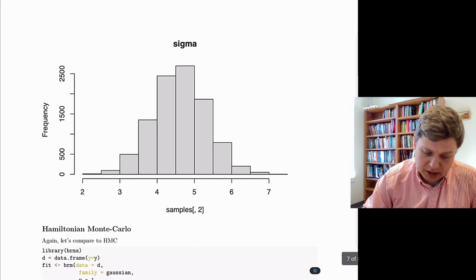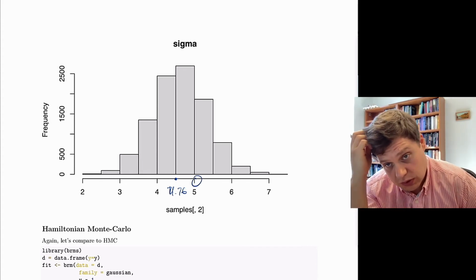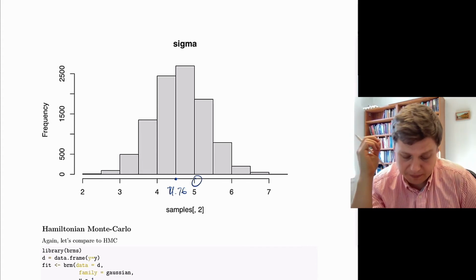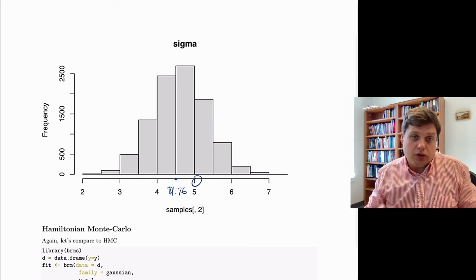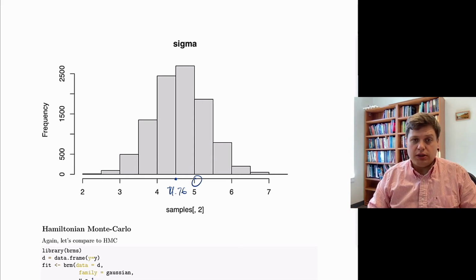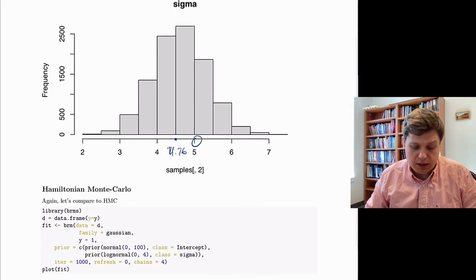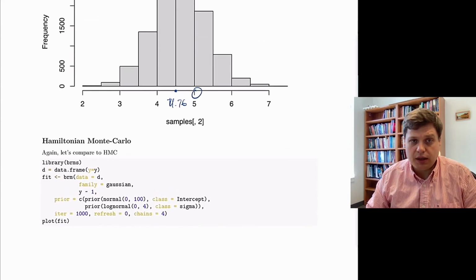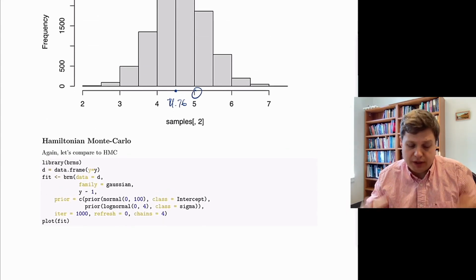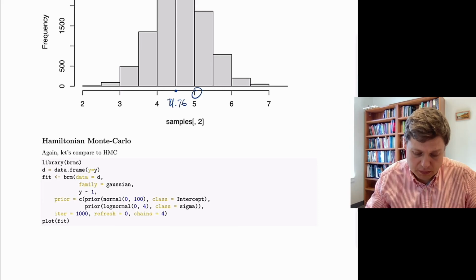And sigma is centered at 4.76. So it's also close to this value 5, which was used for the true data to be generated. So Laplace approximation did a relatively good job approximating this posterior and allowing us to generate samples. So find the mean and find the variance.